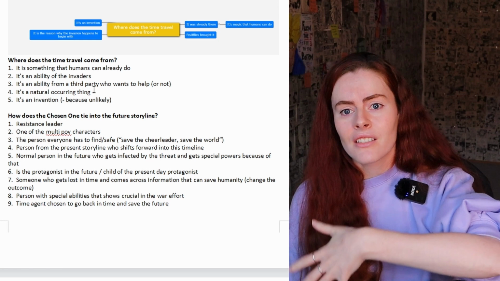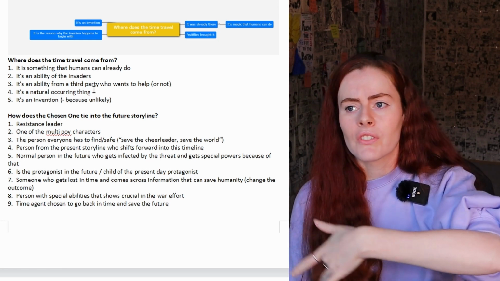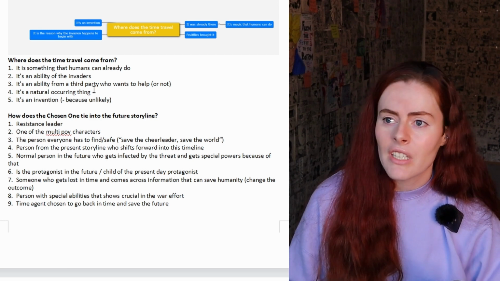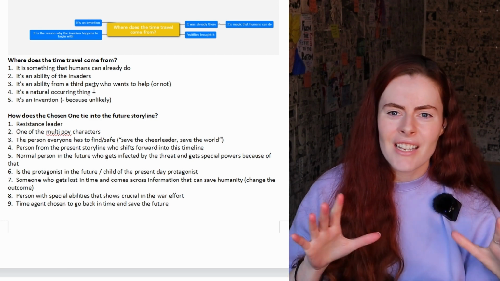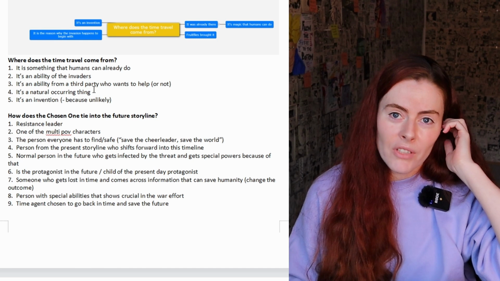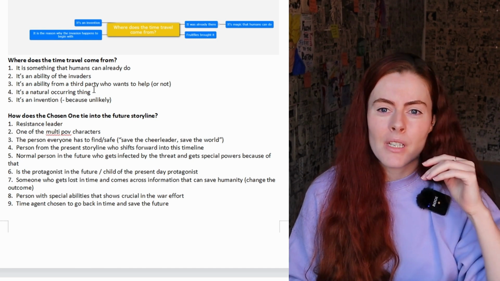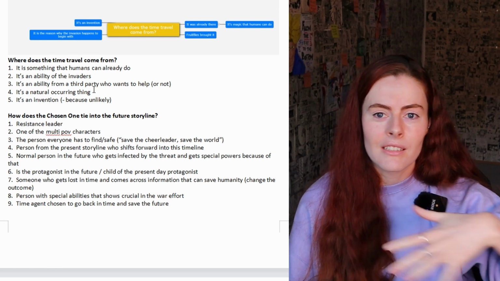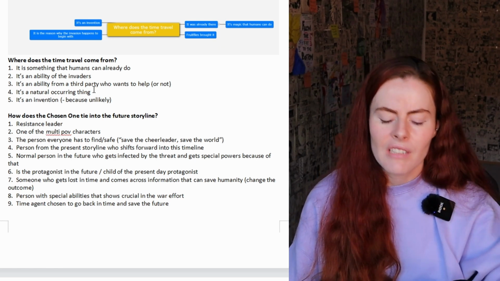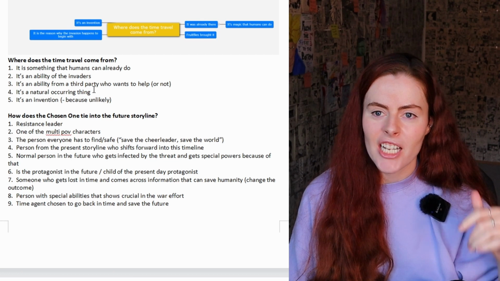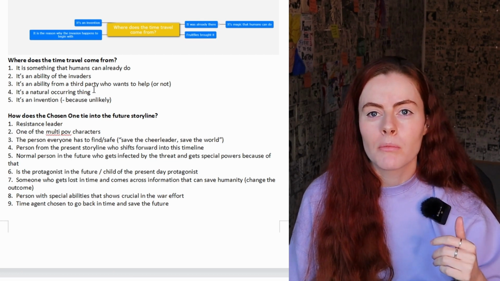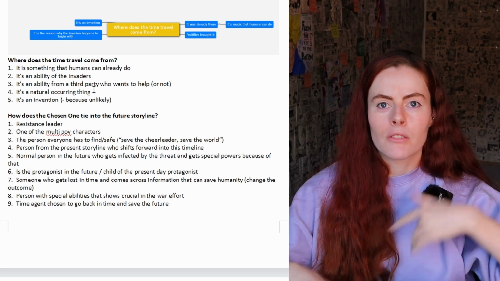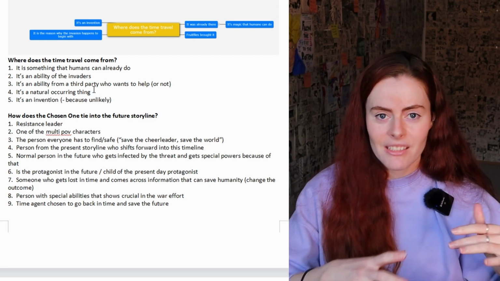So time travel has to be linked to the same thing that causes the invasion in the first place. Here I like the idea of it not being a generally natural thing. For example, I don't want it to be timelines where you just walk from one world into the other, and the time difference causes the time travel. I'm really attached to the idea that people can shift back in their own bodies to their younger selves, and that's the time travel.